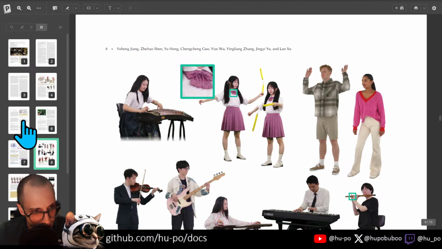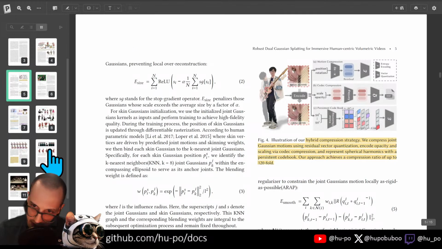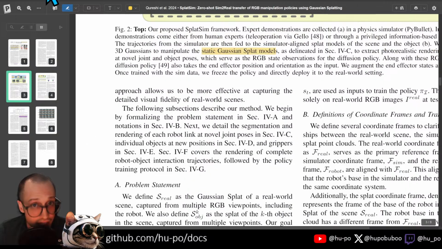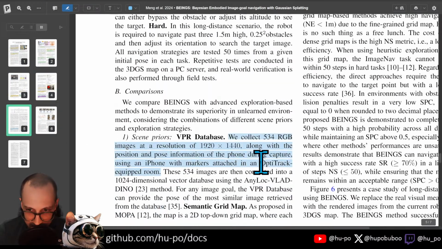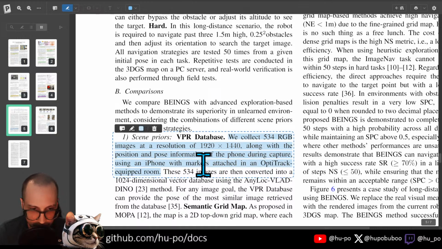The whole point, or not the whole point, but we want to get to a point where you can create volumetric videos from a single monocular iPhone camera. And even in this one, there's a little bit of cheating, because it's a single iPhone camera, but you have this OptiTrack equipped room. So you have a perfect knowledge of where the phone is, right?